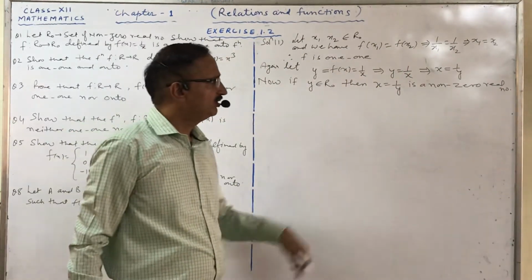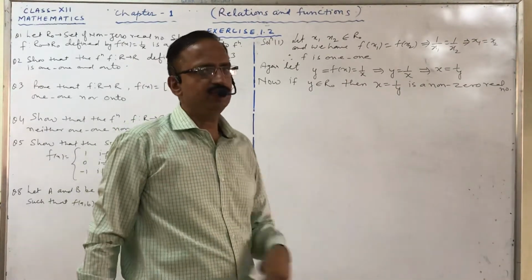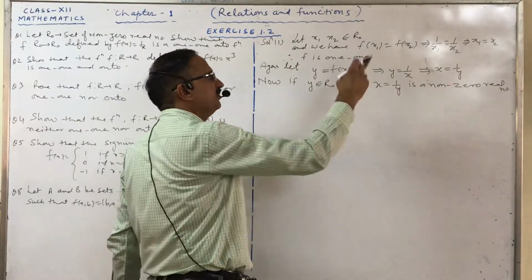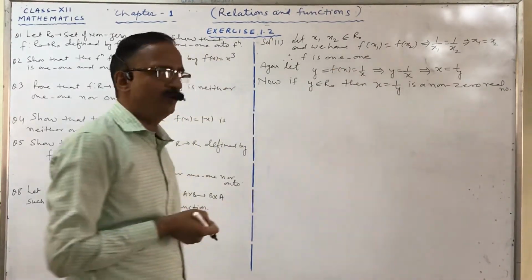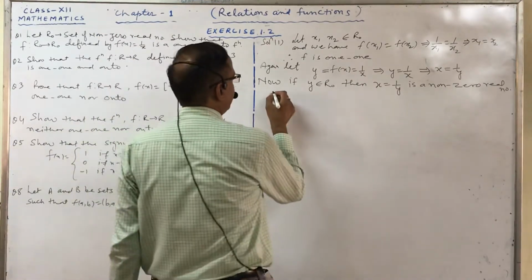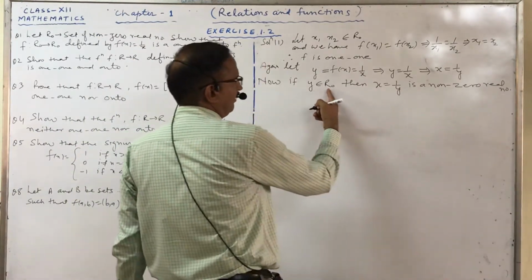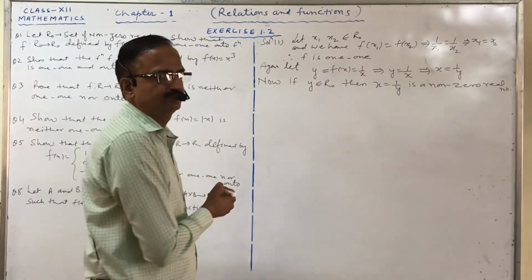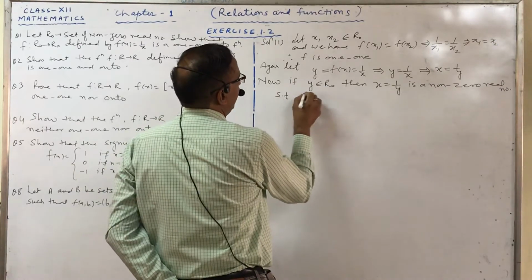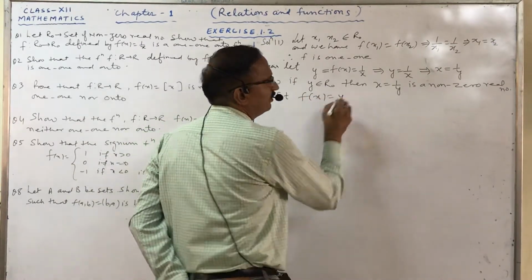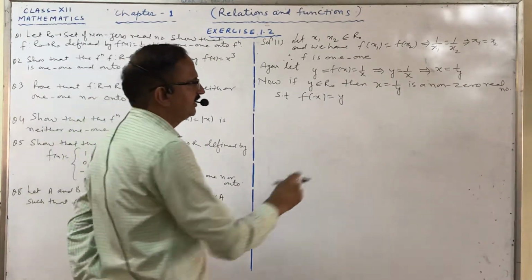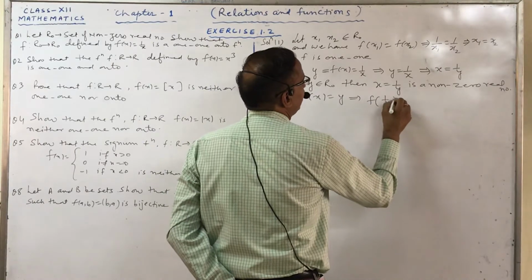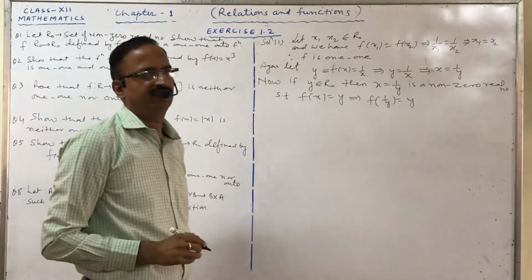Because y is non-zero, so 1 by y, that is x, is also non-zero. It means this y has pre-image x in the domain. So for every y belonging to R0, there is x belonging to non-zero real numbers such that f(x) equals y. And what is x? x is 1 by y. So we can say that f of 1 by y equals y.